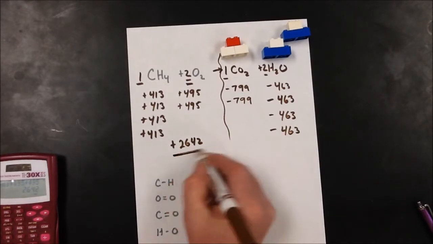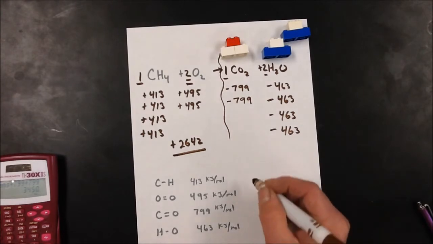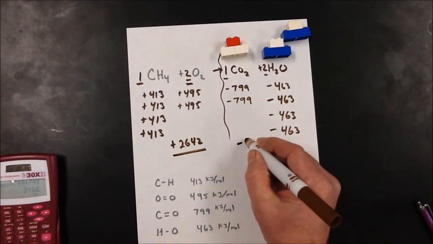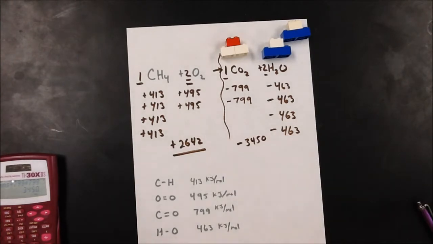All right, yep, positive 2642, and then on the product side, when I add up all those numbers, I end up with negative 3450. And all I'm going to do is just add these up.